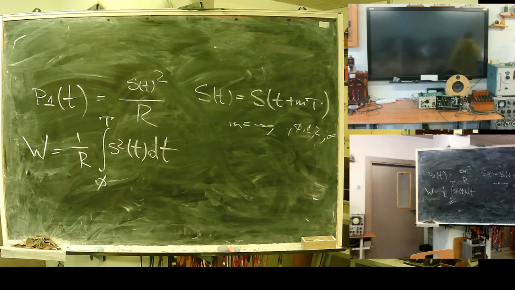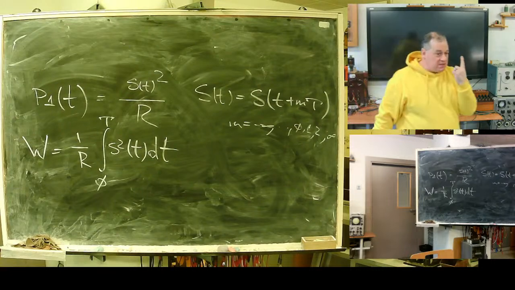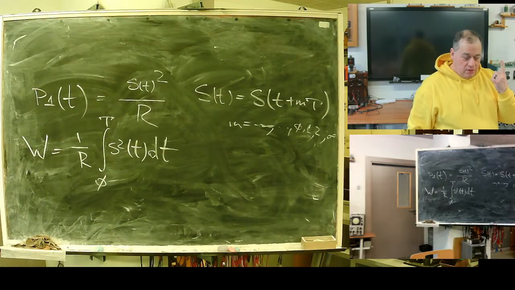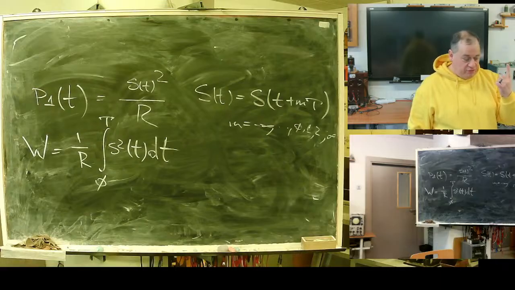Now, question from physics. What's written here? Watt meter. What this device measures? Power in watts. And what is 1 watt? If something produces 1 joule of energy within 1 second, it will be 1 watt.